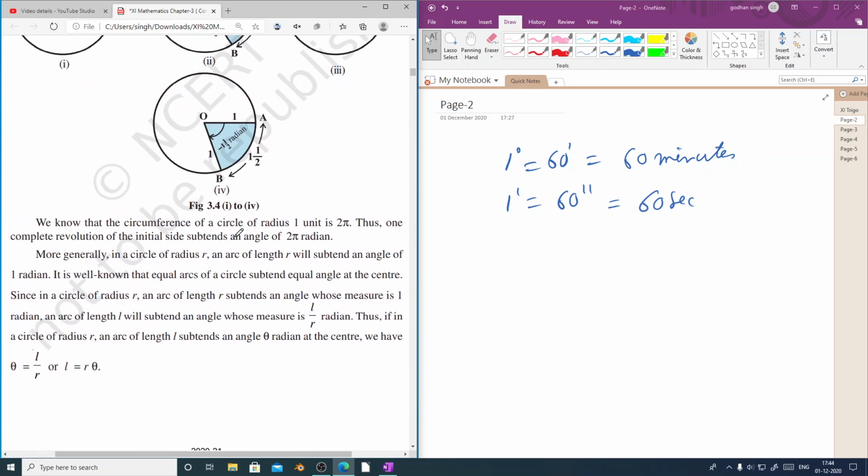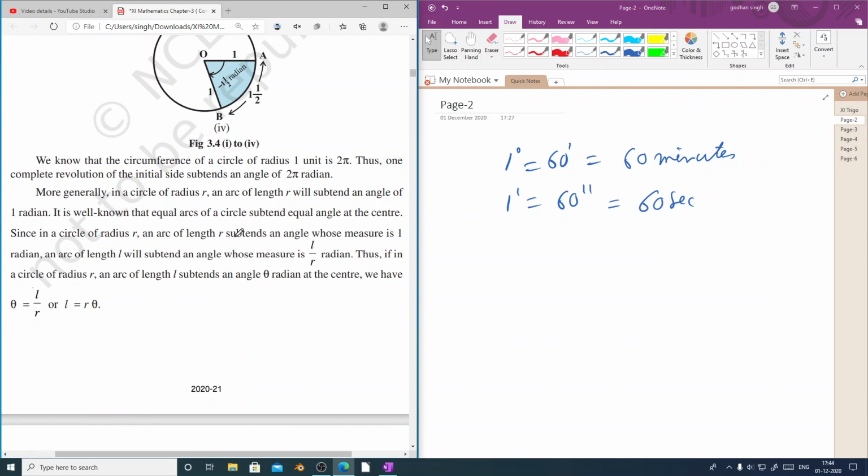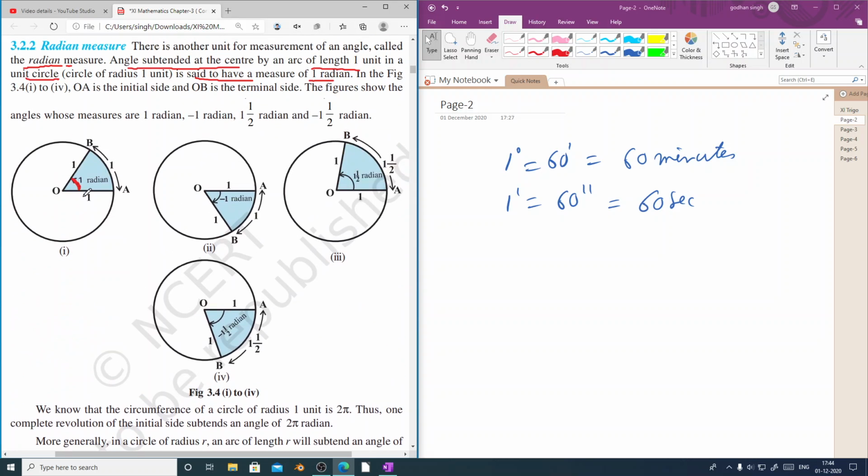Now we can generalize this. Here, when the arc is of length 1 and the radius is 1, the angle at the center is 1 radian.